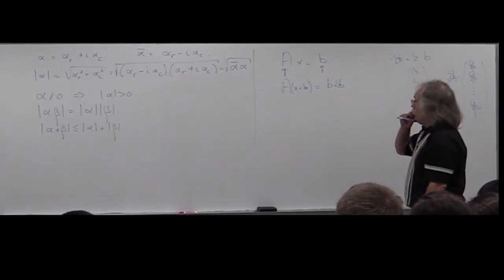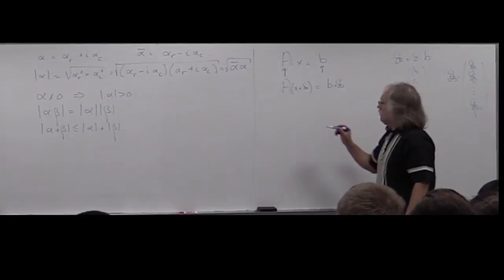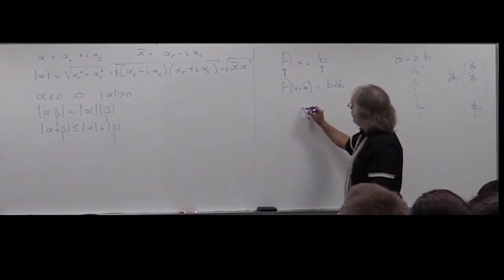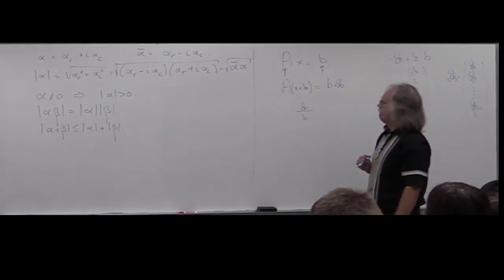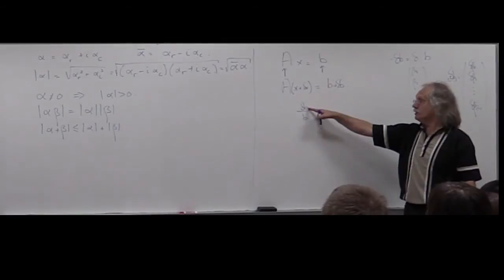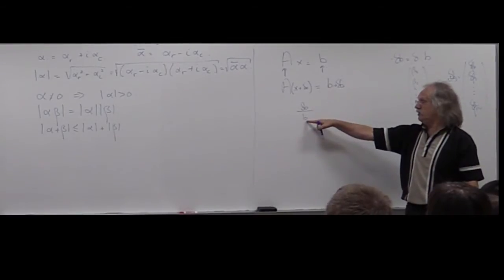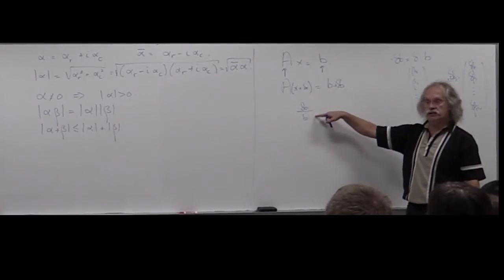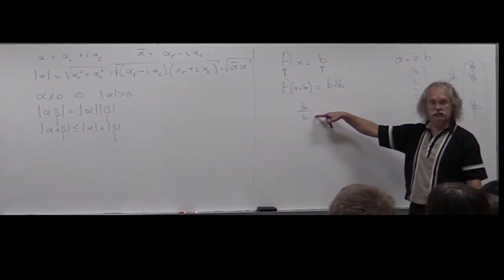So, what kind of thing would we want? Well, we would want to say if delta B is a perturbation of B, then it's the relative perturbation that we might be interested in.